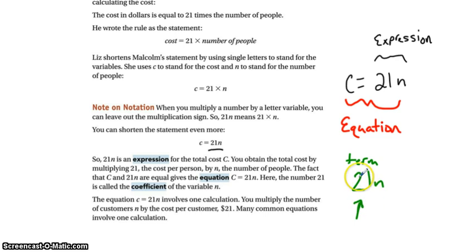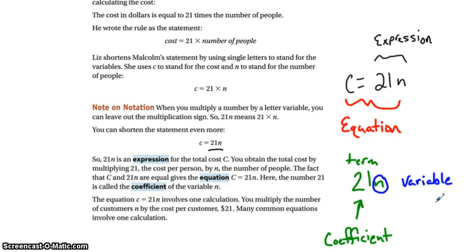I want you to get this down. So in the term 21N, in our expression, the 21 is called the coefficient. And the N, we all know that to be the variable.